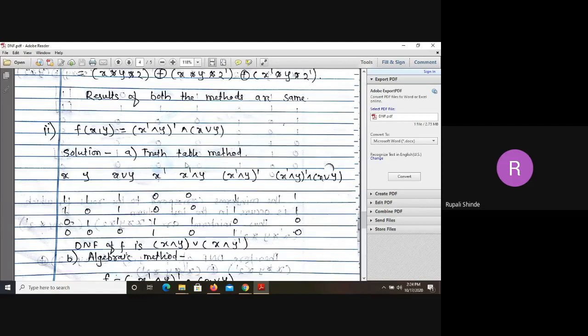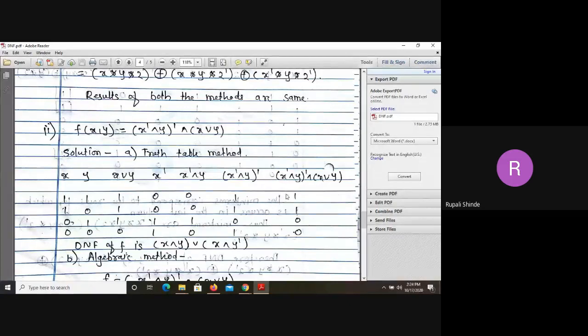Now next we have to take the complement of this bracket. So we take the complement of the whole column. Again 0 is replaced by 1 and 1 is replaced by 0, so the answer for this one is 1 1 0 1.